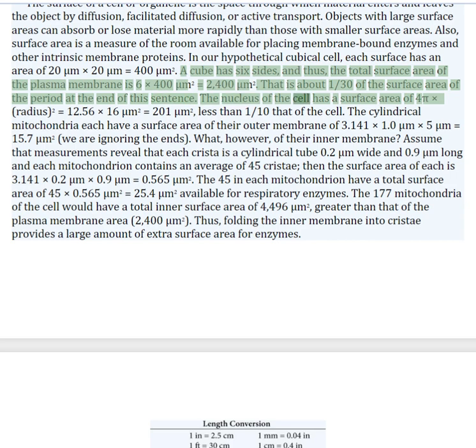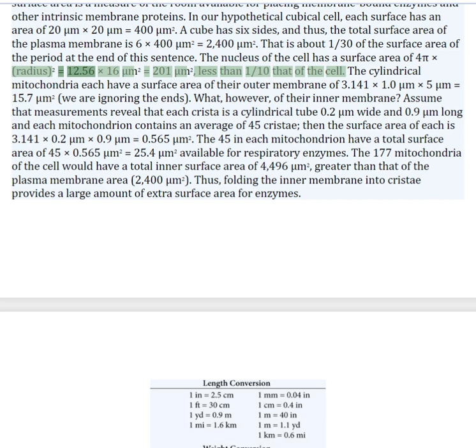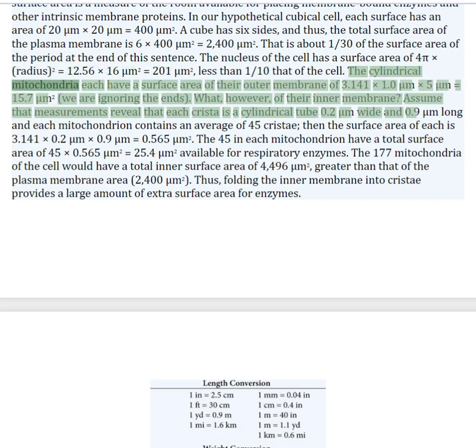The nucleus of the cell has a surface area of 4 pi r squared equals 12.5616 × 16 micrometers squared equals 201 micrometers squared, less than 1/10 that of the cell. The cylindrical mitochondria each have a surface area of their outer membrane of 3.1411 × 1 micrometer × 5 micrometers equals 15.7 micrometers squared.